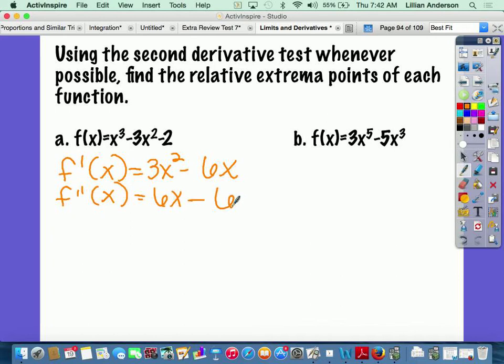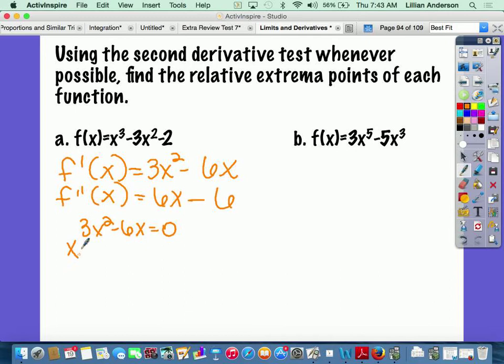Okay? So the first thing we have to do is find those, and then we're going to set our first derivative equal to 0 and solve for x. Because by doing this, we'll be able to find the critical points and then plug those points into our second derivative.